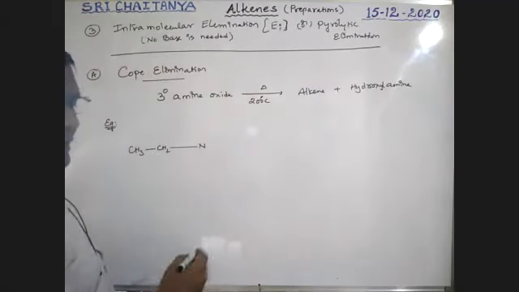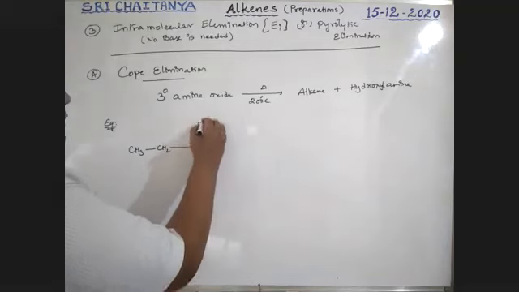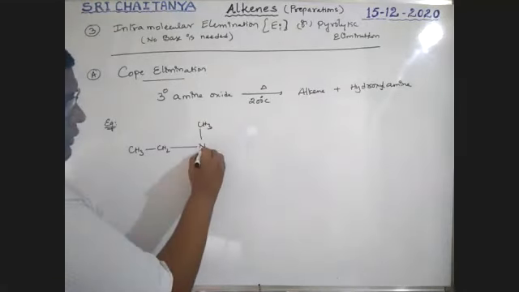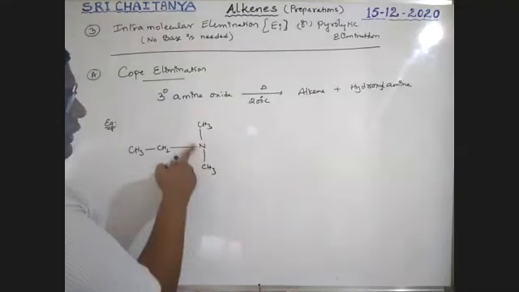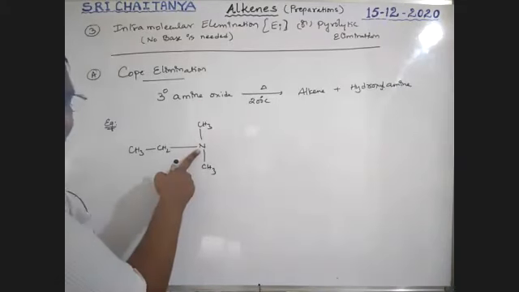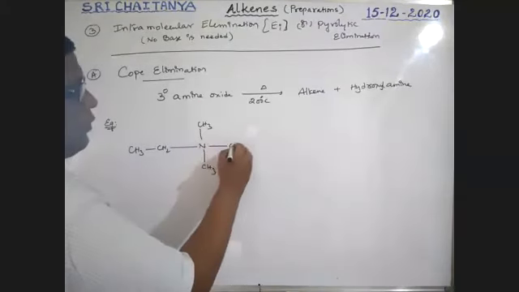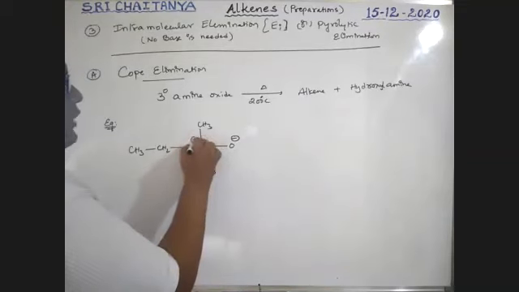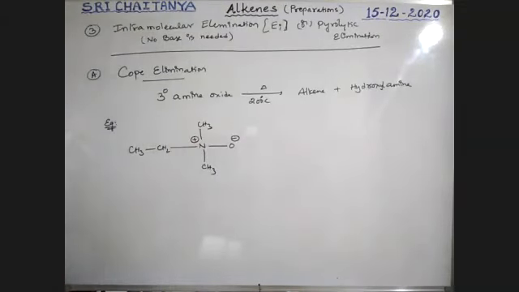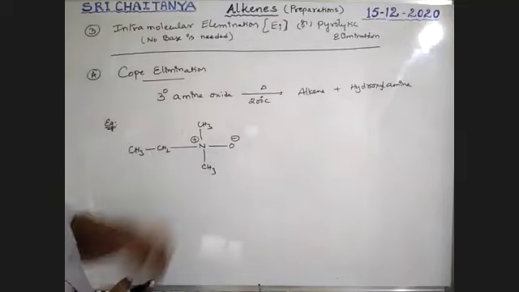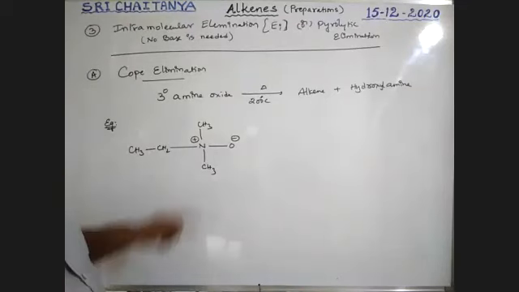Amine means nitrogen is there. CH3, CH3, nitrogen connected with 3 carbons, boys. It is a tertiary amine. Oxide, O minus ion. This nitrogen gets a positive charge. This is a tertiary amine oxide.